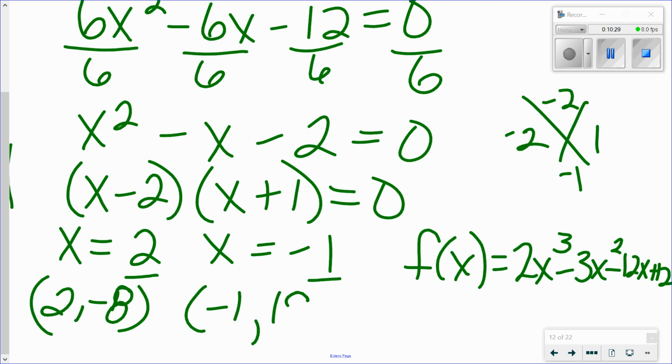And it looks like 19. All right, and to see whether these are maxes or mins, this is what we would do.